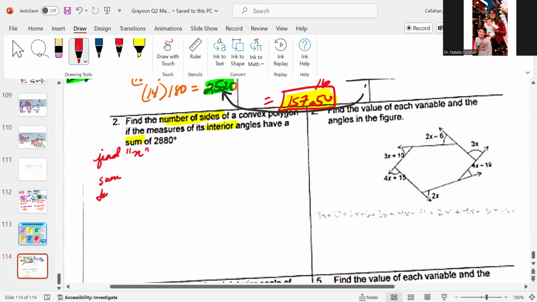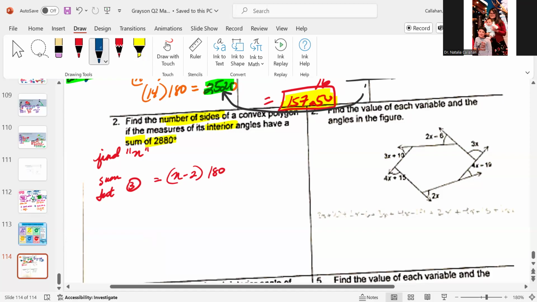3. 3, but what's the formula? N minus 2 times 180, right? Now, they give you that the sum of the interior angles is 2880. Do you see that? Okay, so then, here we go.